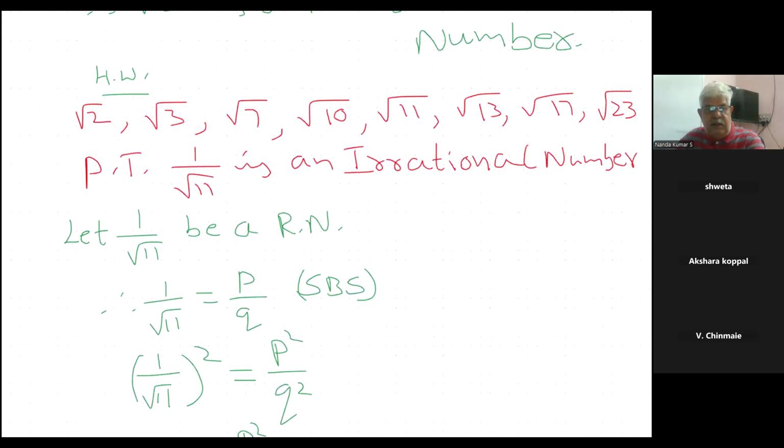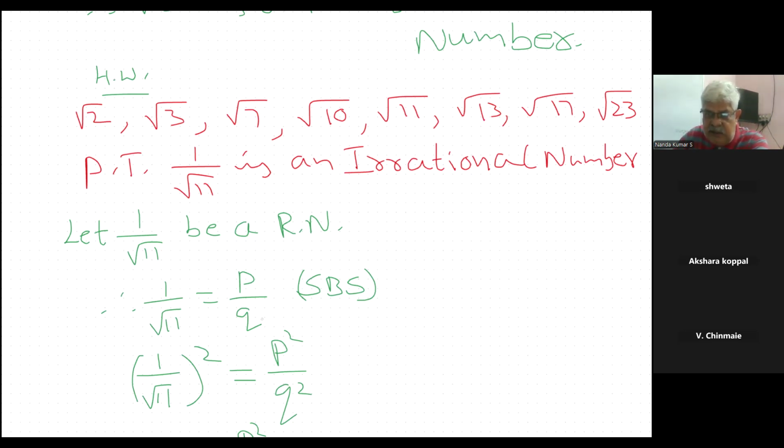Yes, my dears. Next numerical we are going to discuss is: prove that 1 divided by root 11 is an irrational number. As we discussed in the earlier numerical, first I consider, let 1 by root 11 be a rational number. Rational number standard form p by q I take, where p and q are integers.